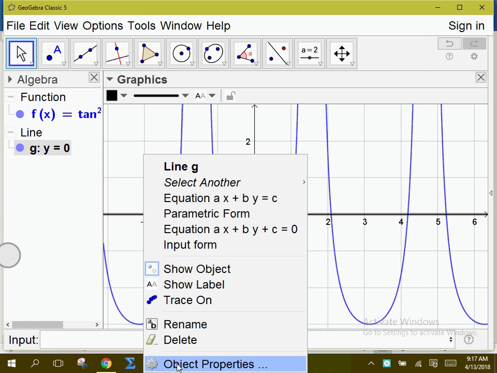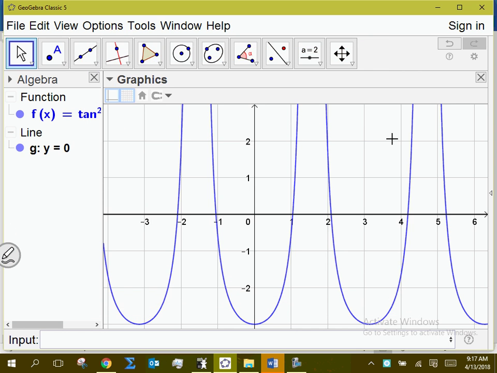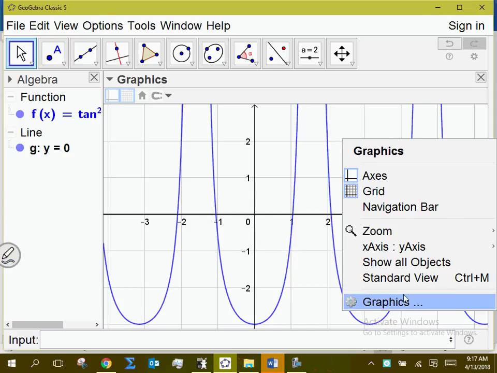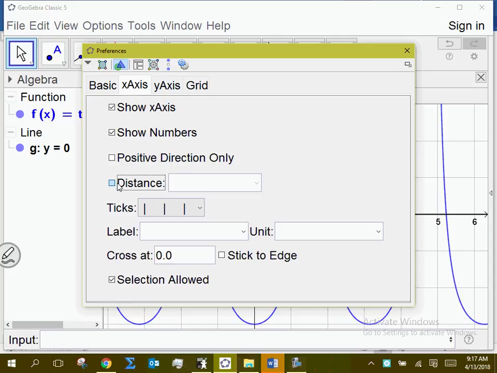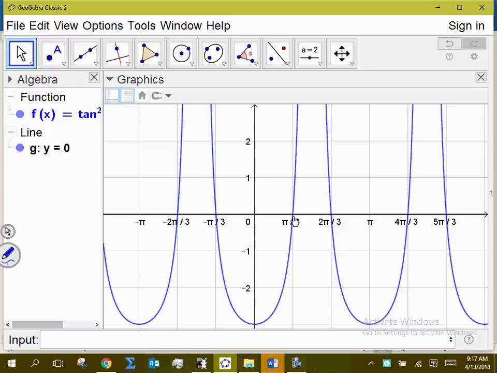Let me change my x-axis here real quick to make it a little easier to recognize. Let's go in terms of pi over 3. So there's our solution right there of pi over 3. There's one at 2 pi over 3, there's one at 4 pi over 3, and there's one at 5 pi over 3, right?